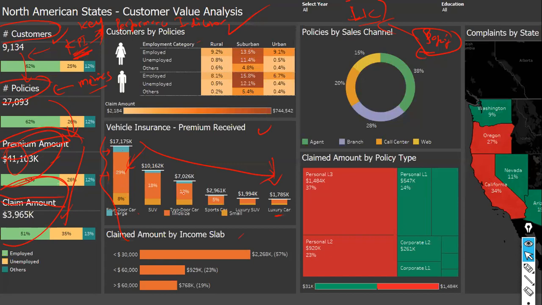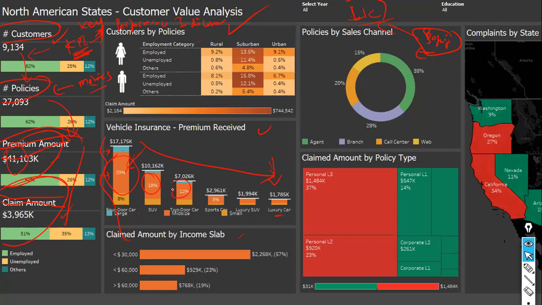So the mid-size car owners, we will contact them and target those customers. Nowadays, insurance companies directly have a tie-up with car agents. With this dashboard, you will get to know. Look, this is an insight. If you don't know what will happen, with this you are able to understand.